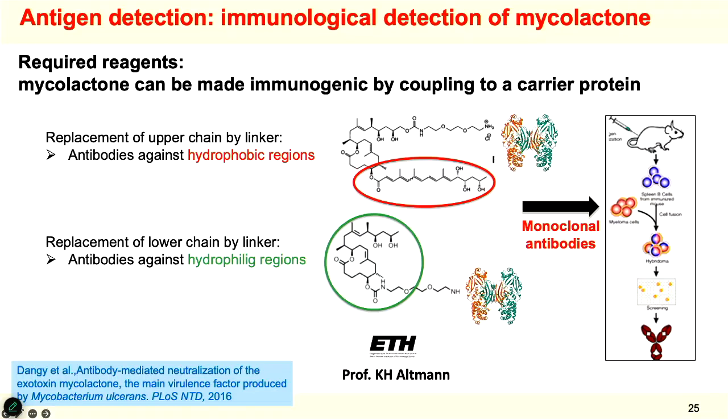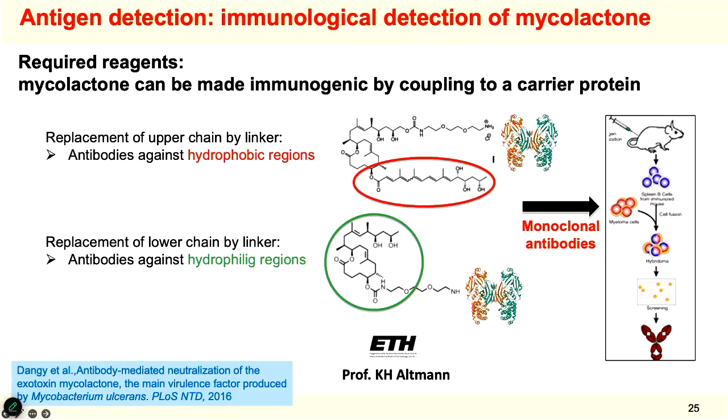Then the other option for mycolactone would be an immunological assay, and this was hampered for a long time because we didn't have reagents binding to mycolactone. Remember, if you inject mycolactone into animals, you don't get an immune response. Here, a colleague from ETH Zurich has helped us produce synthetic molecules, replacing the upper chain or the lower chain with a linker, which can be used to bind it to a carrier protein.